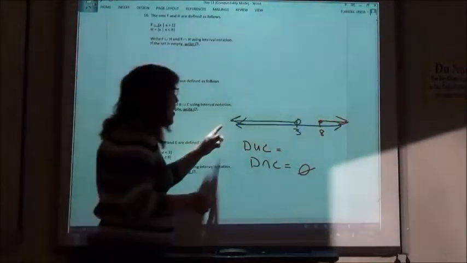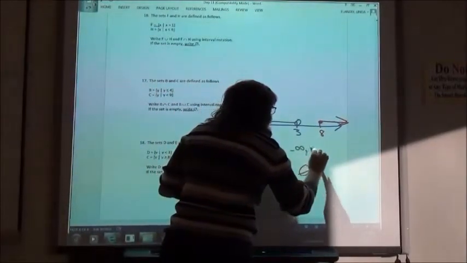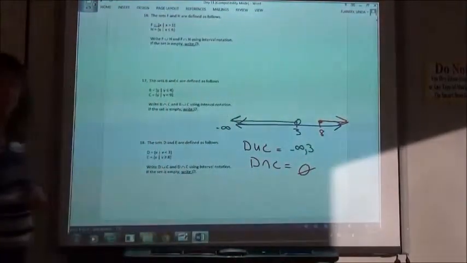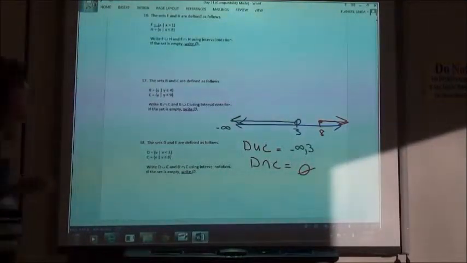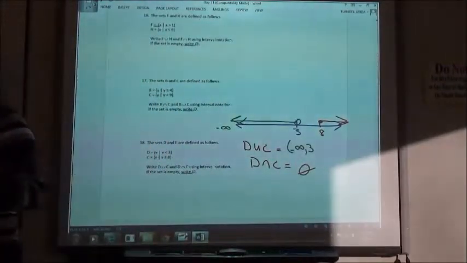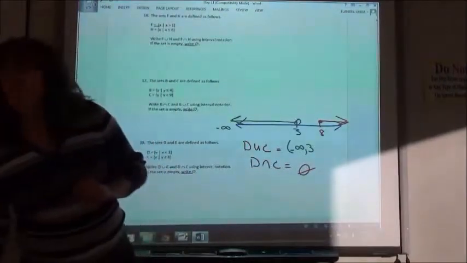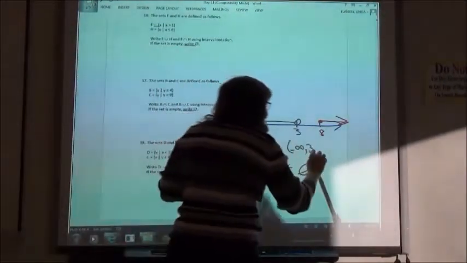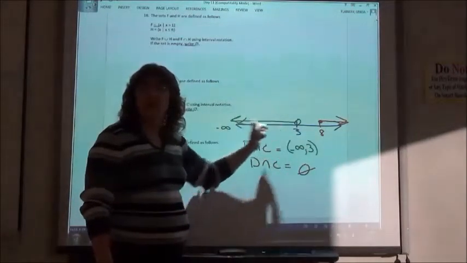The first section went from negative infinity to 3, right? Negative infinity should have what end mark? Parenthesis. The 3 has what end mark? Parenthesis. It's an open circle, has a parenthesis. That's one of the sections on my graph that got shaded.